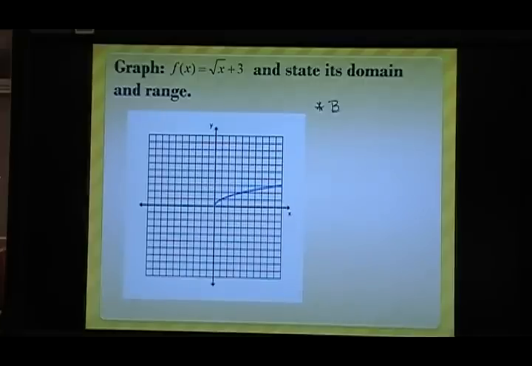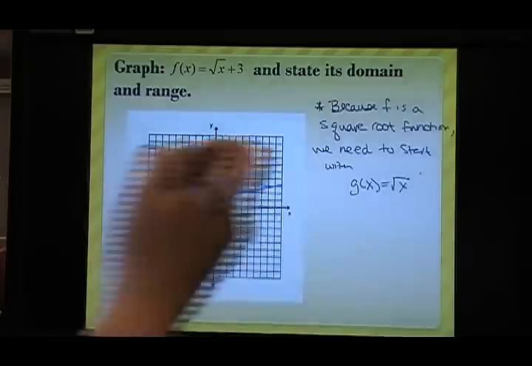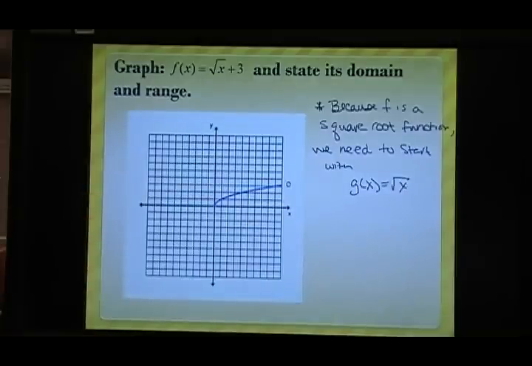So because f is a square root function, we need to start with our g of x equals the square root of x. That is our basic square root function. And that's what I have graphed for you already.